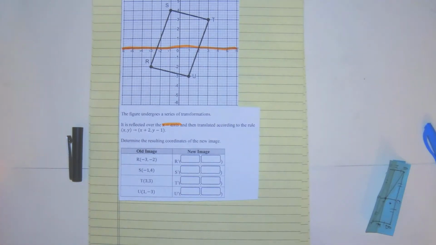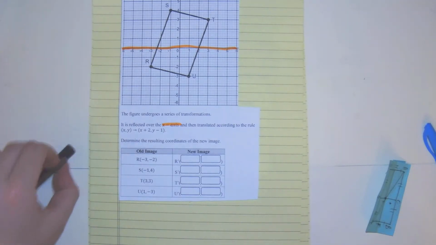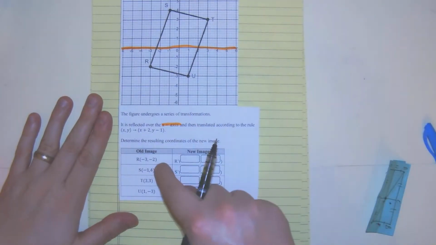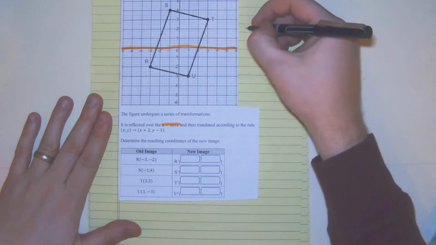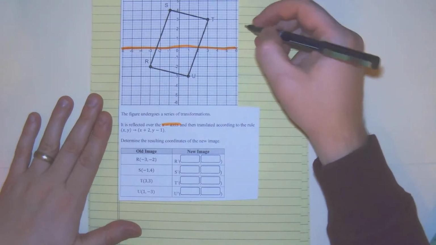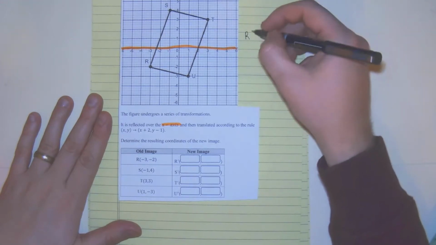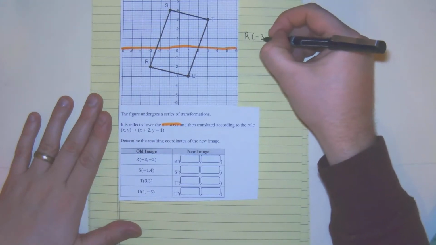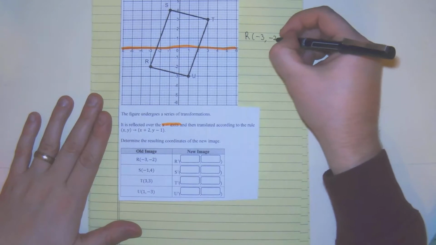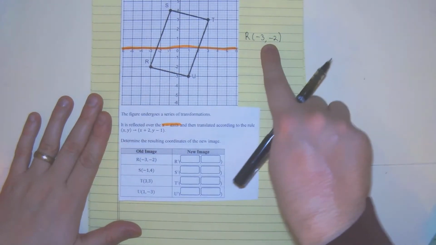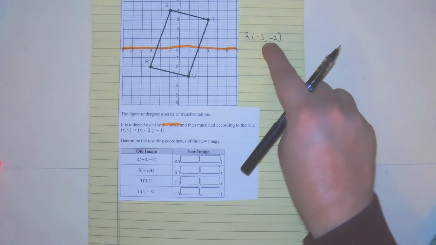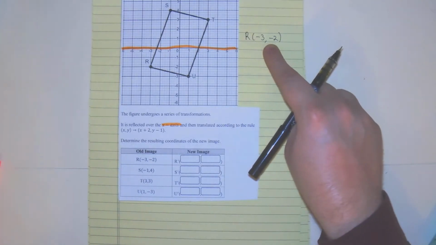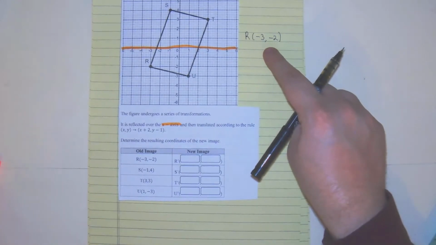So EOC, math in general, the perfect thing is to keep ourselves organized. So let's start with all of our points. We're given it right there. So let's write that right there, R. We're going to do each one individually. So let's start with R. So R is at (-3, -2). So that's the original, that's the pre-image. And it's saying it's going to be reflected over the x-axis.